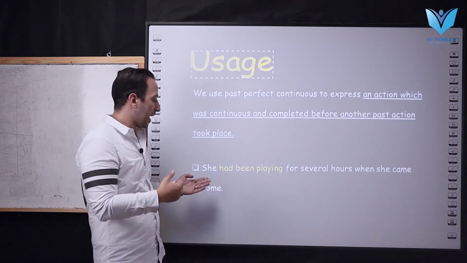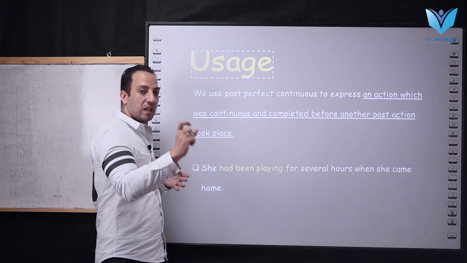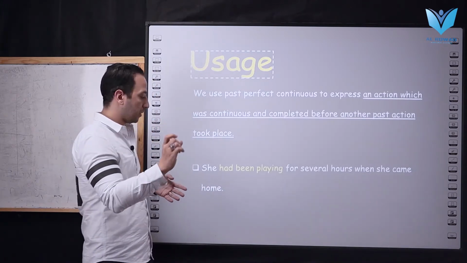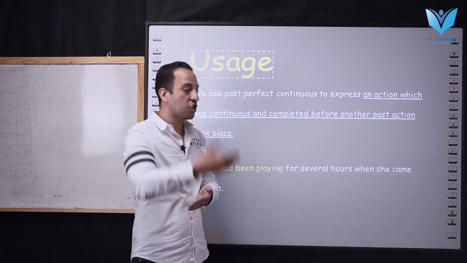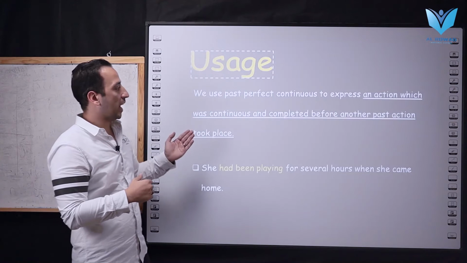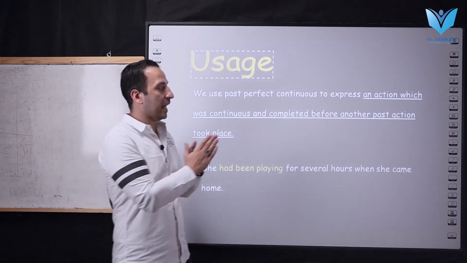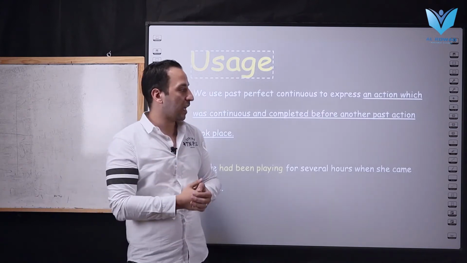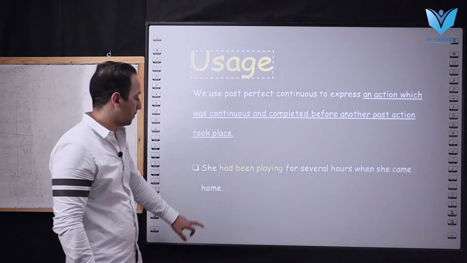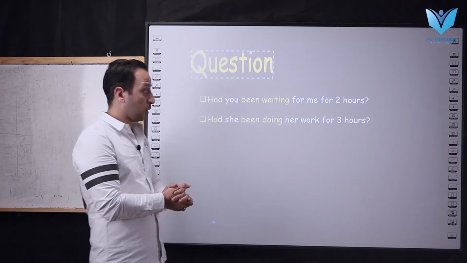But here, this action was continuous for some time. So she had been playing for several hours when she came home. So again, we use this tense to express an action which was continuous and completed before another past action took place.